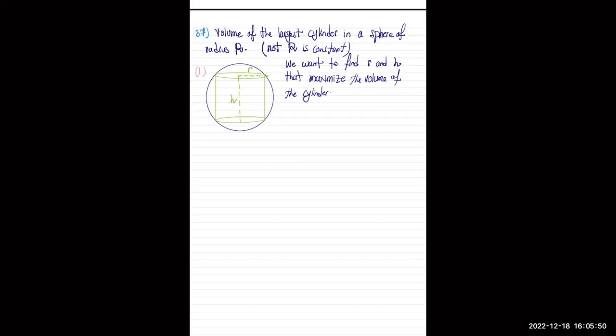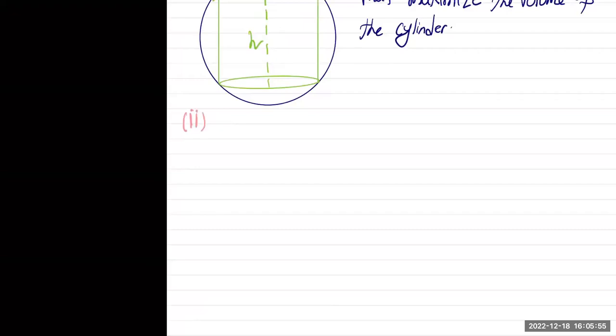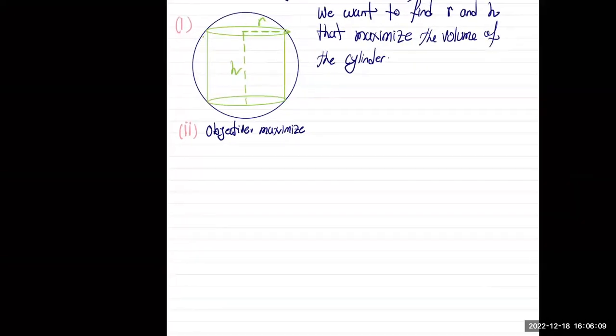Step two is to write down the objective function. The objective function is to maximize, again, the volume. If it's a volume, area, distance, whatever formula you need, you'll be given. The volume of a cylinder is pi r squared times h. Yeah, pi r squared h.